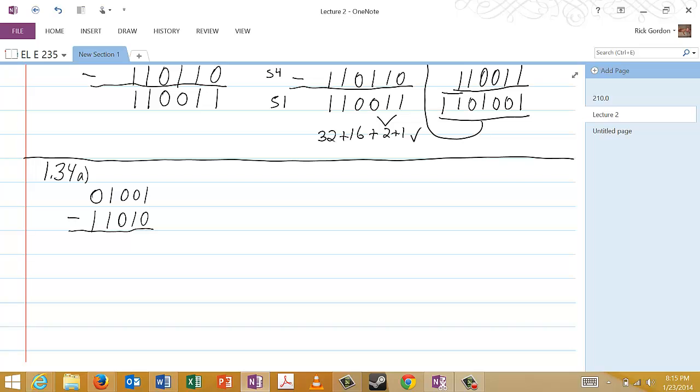So, for instance, when we look at this top number here, the fact that the first digit is a 0 tells us that this is a positive number. So the top number there is positive 9.